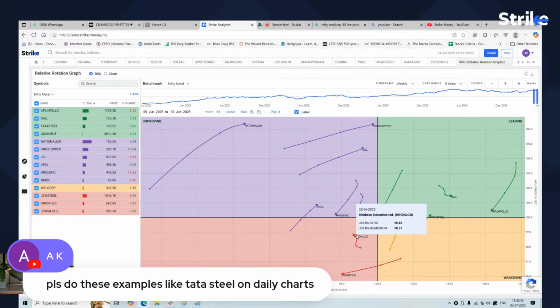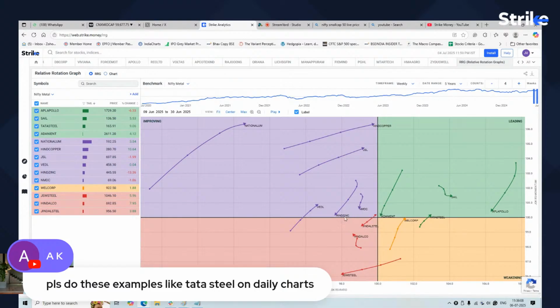Vedanta has also turned around, but you can see that there is some pickup in the momentum that we are seeing in Hindalco. So Hindalco could be giving those early signs of a turnaround. Now I'm not saying that it has turned around completely, but if we had Hind Copper and Hindalco as an option, then I would think that Hind Copper has a lot more strength. But this can be an interesting one to also look at.